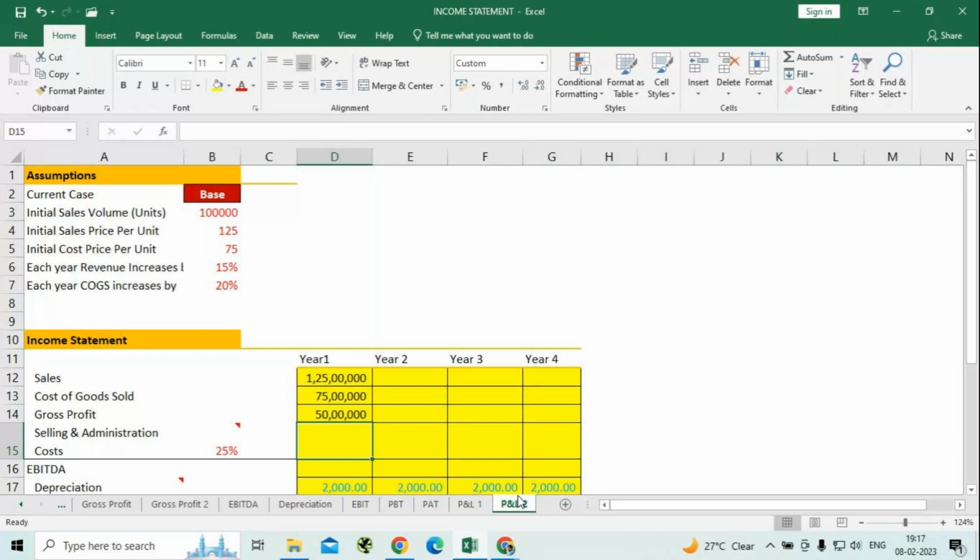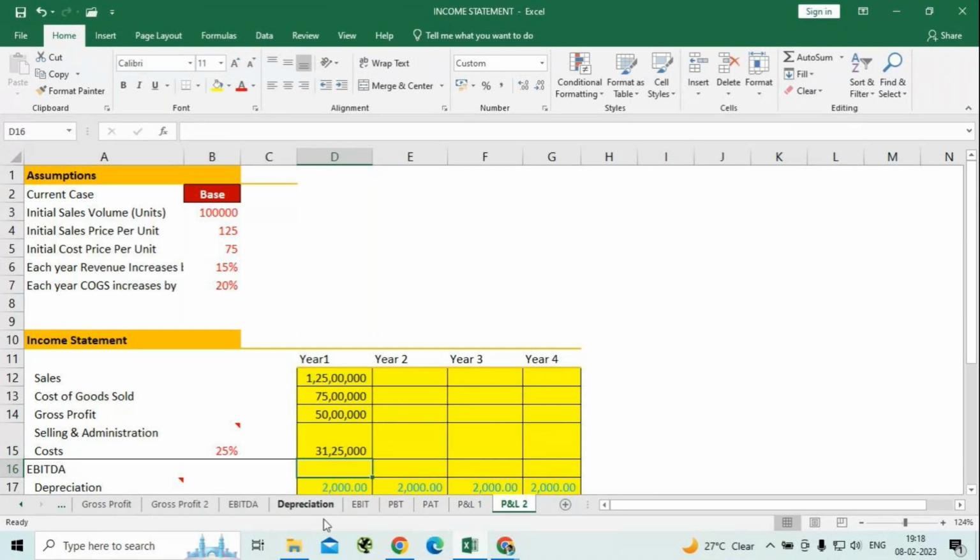So selling and administration expenses. If you see, there is a comment added. You can apply 25% of the revenue for that year. It's the sales value into 25%.